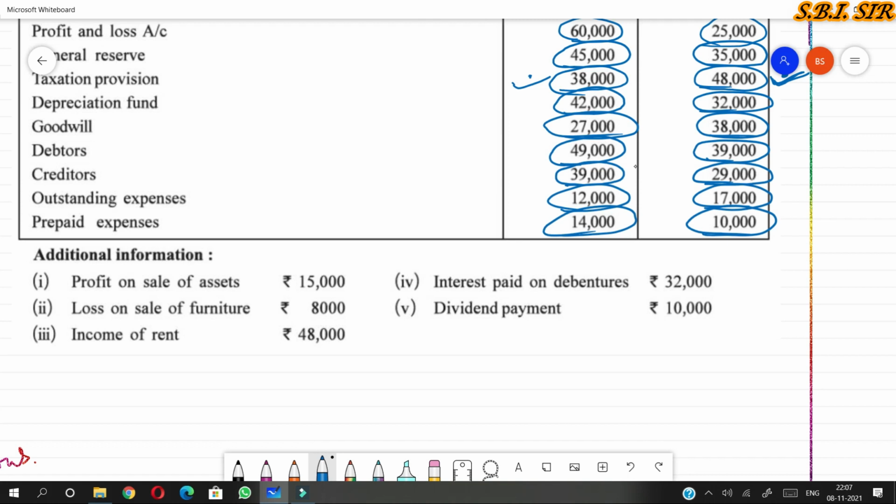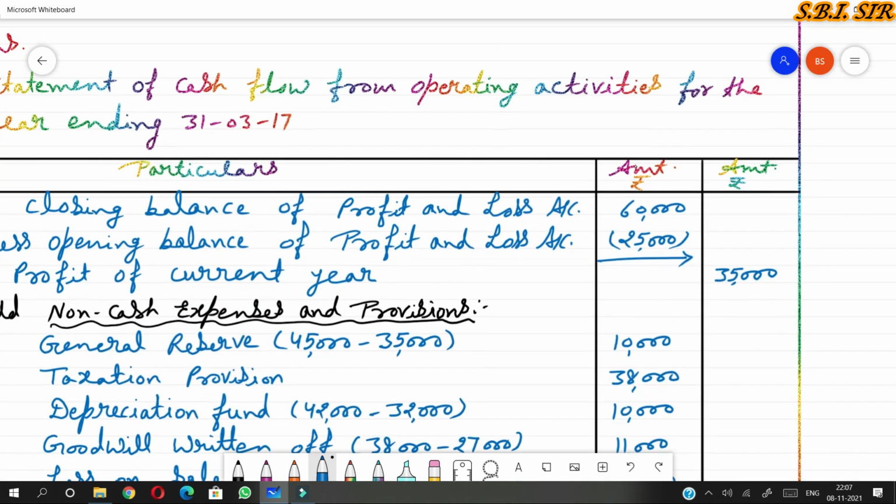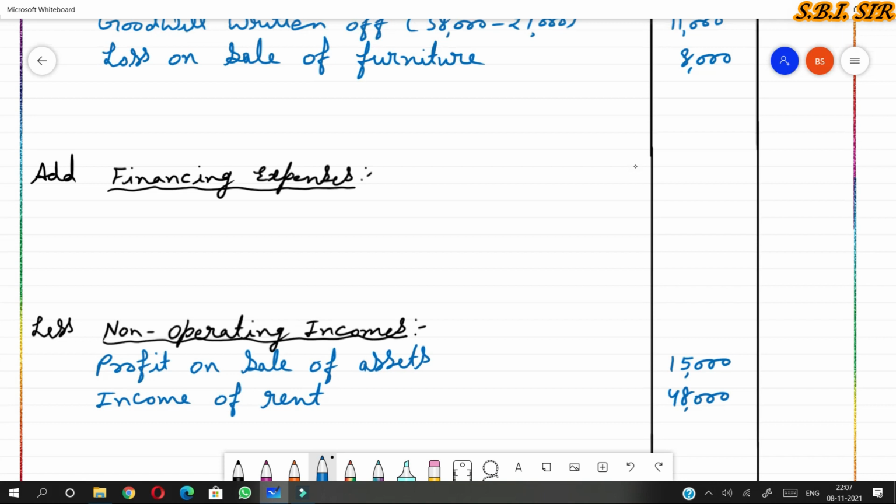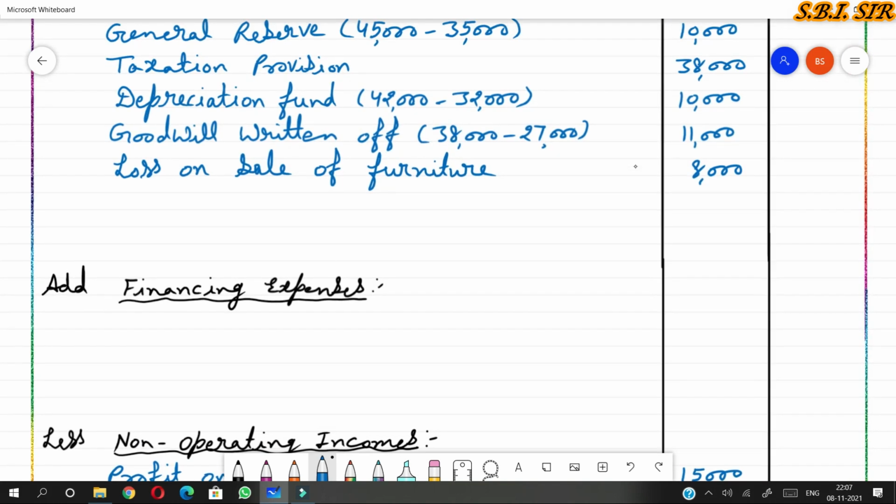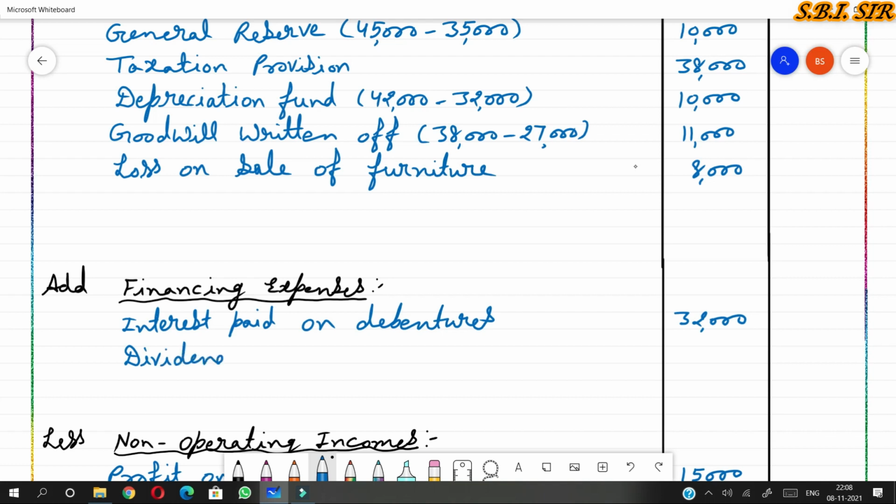Both are financial expenses, so we will write them under the heading of financing expenses. Interest paid on debentures 32,000, dividend payment 10,000.